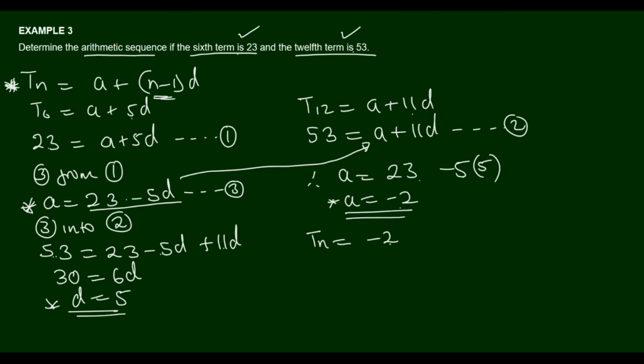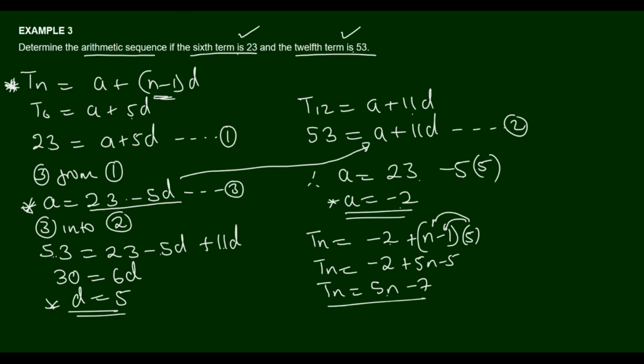Tn is equal to negative 2 plus (n minus 1) times the difference, which is 5. And then this simplifies to Tn is equal to negative 2, distribute the 5, plus 5n minus 5. It becomes Tn is equal to 5n minus 7.